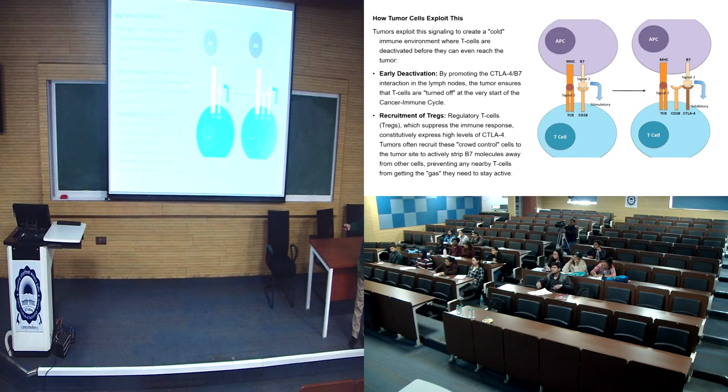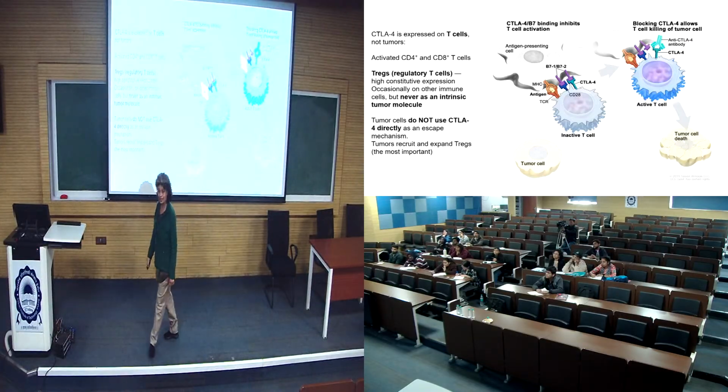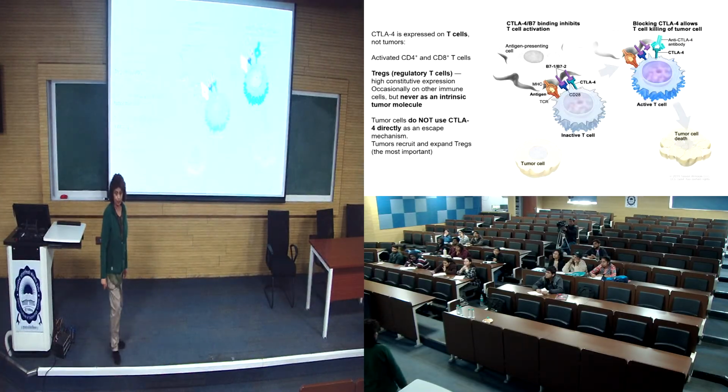So this shows that they recruit TREGs, and TREGs have CTLA4, they bind to the APC, and they don't let the activation of T cells occur there. This picture I have included, but it is not very accurate, because it is not showing that this is actually a TREG which is binding here.